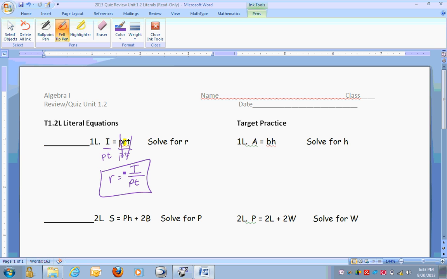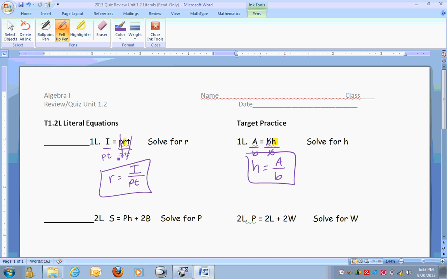Okay, number 1 under the target practice asks us to solve for H. So we need to get rid of everything that is with H, which in this case is B. B is being multiplied by H, so the opposite is dividing. So we're going to divide both sides by B. So what we have left is H equals A over B. And that formula is for area equals base times height, the area formula for a rectangle.